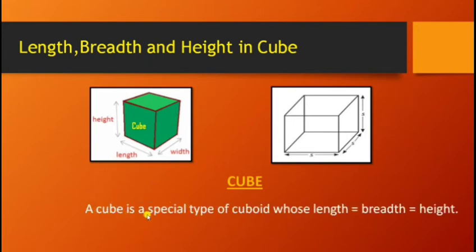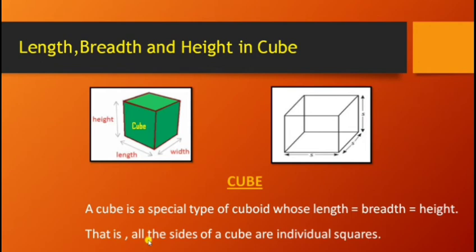So this way we will be having the relation S. A cube is a special type of cuboid whose length as well as breadth and height are equal. Since all the faces are of square shape, and in a square all the sides are of equal length, according to that concept, length is equal to breadth, which is equal to height.